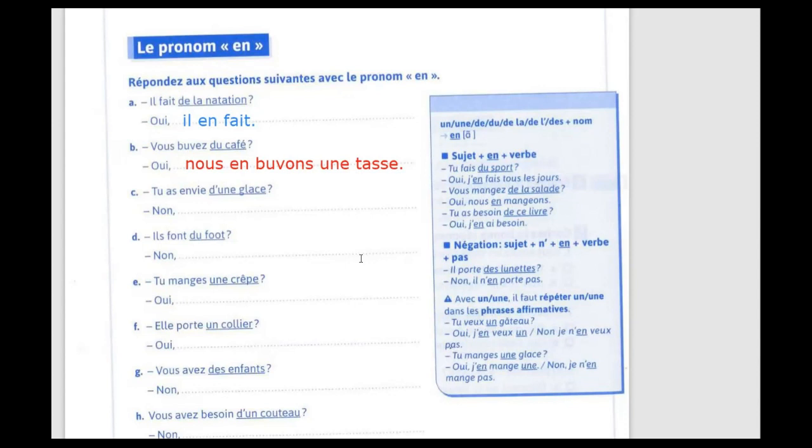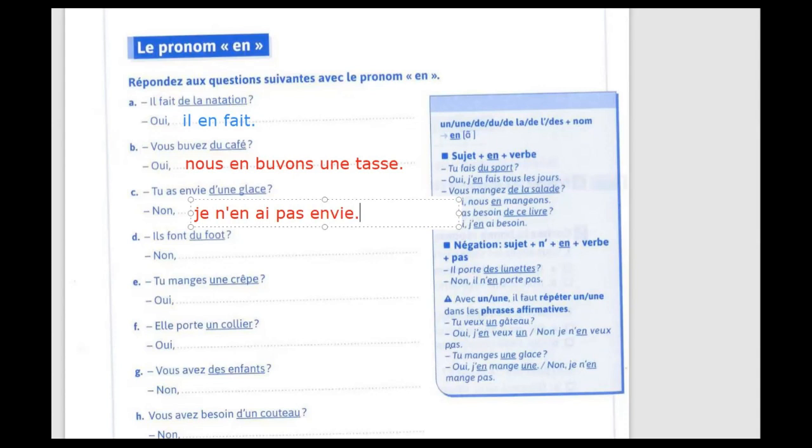Now this is negative. So we will answer with je. Je n'en ai pas envie. Actually, these are expressions with avoir: avoir envie de, avoir besoin de, avoir faim de. After this, I will take out those expressions with avoir, so you can note them down.